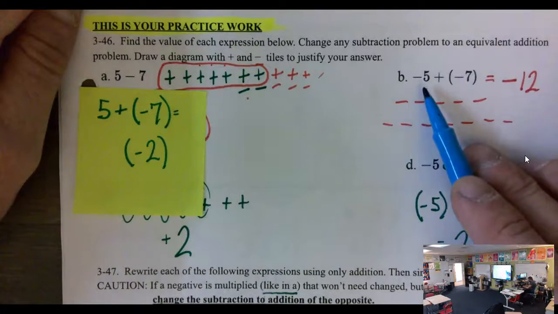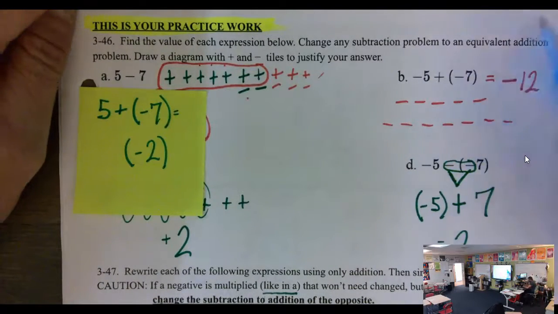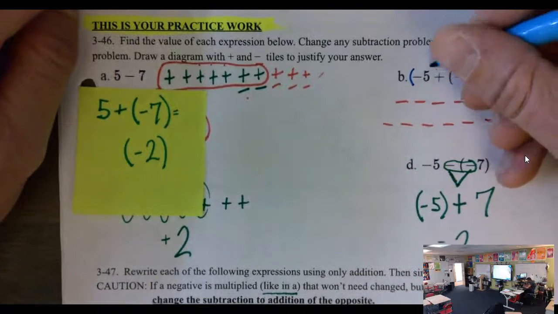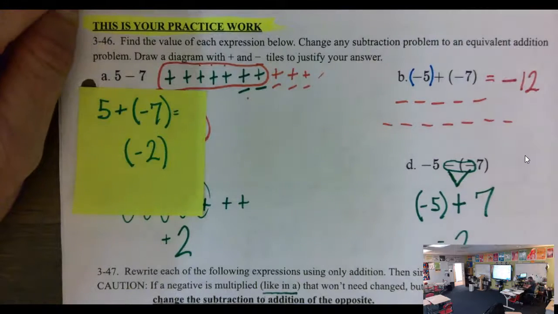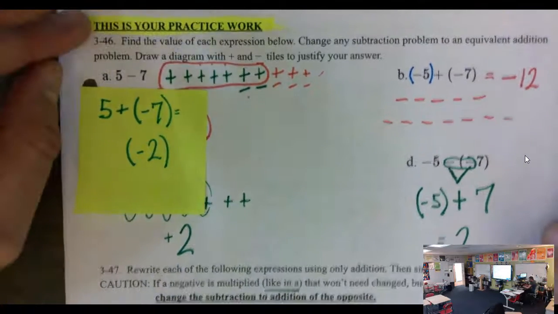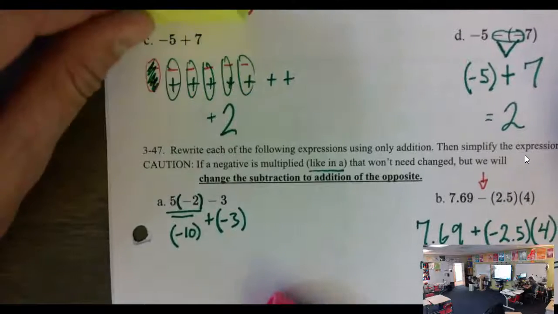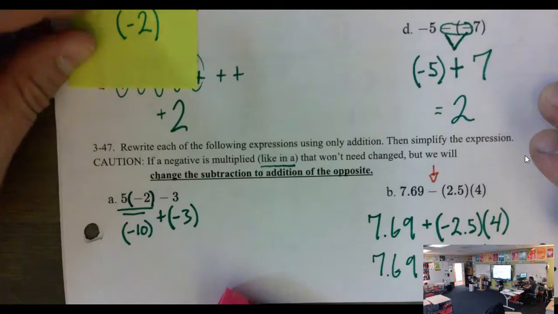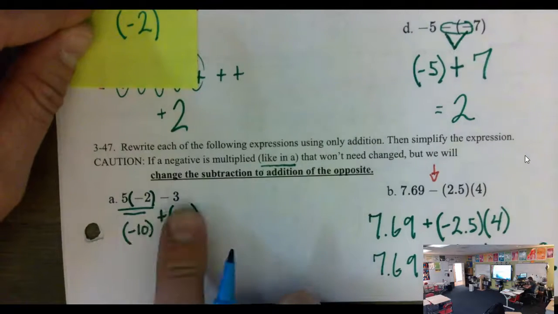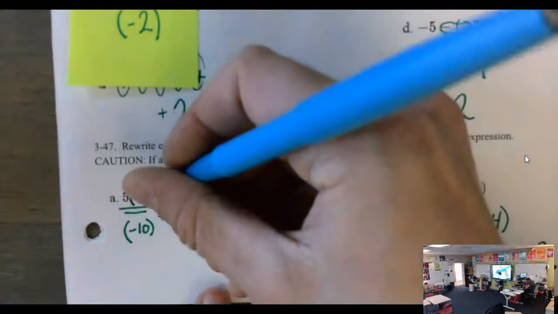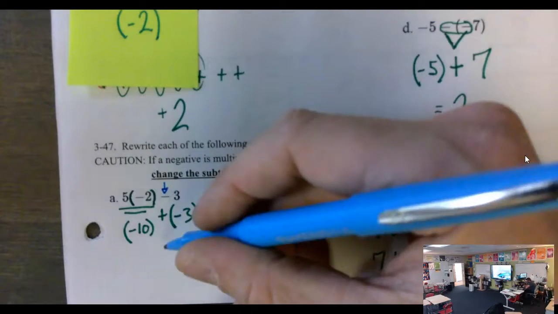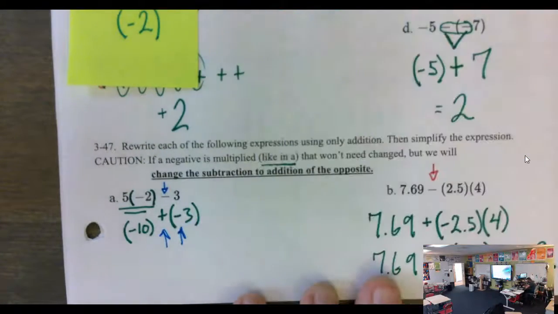In B, it's already addition of a negative, so we have a negative number to start. We add more negatives, get a bigger negative. So in 47, I know I'm skipping past C and D because we did those in the last video. In 47, we're changing the minus into addition of the opposite.